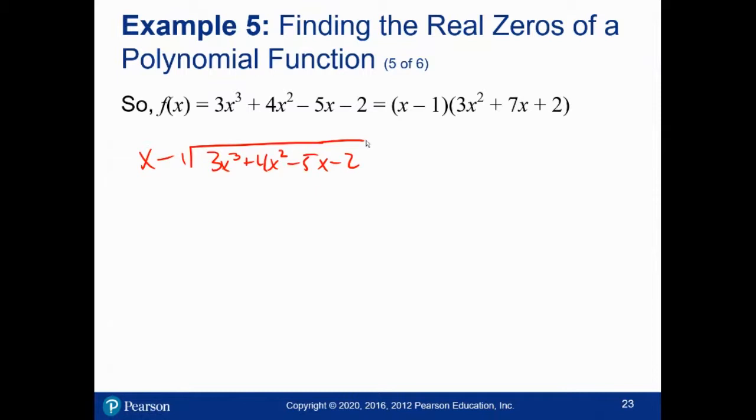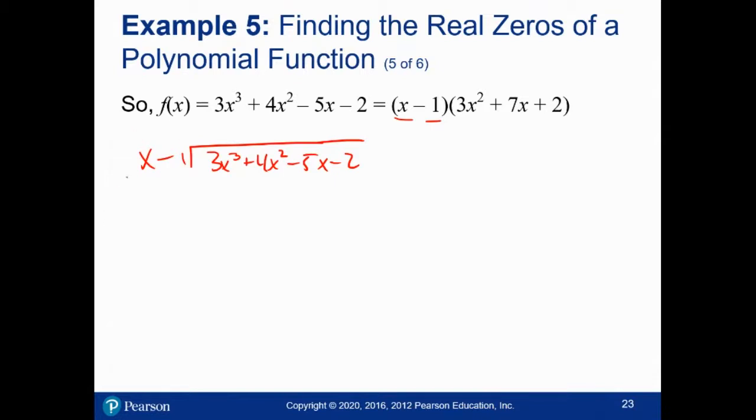I generally do long division all the time because synthetic division only works when you're dividing by x minus a number. If you're trying to divide by 3x minus 1, synthetic division doesn't work. If you're trying to divide by x squared minus 1, synthetic division doesn't work. So I usually just do long division because it'll always work. If you like synthetic division and you can do it correctly, by all means, go ahead.